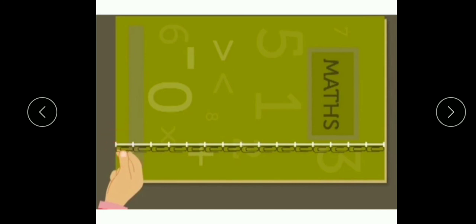This is your first paper clip, then second, third, fourth. In this way we have used 15 paper clips from here to here. It means the length of the book is 15 paper clips.